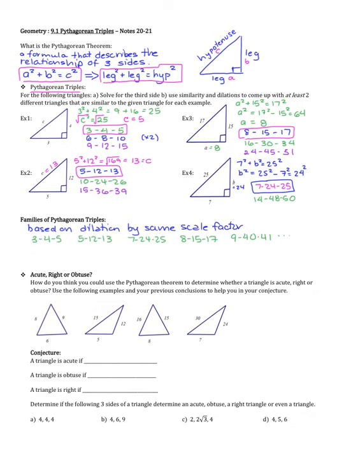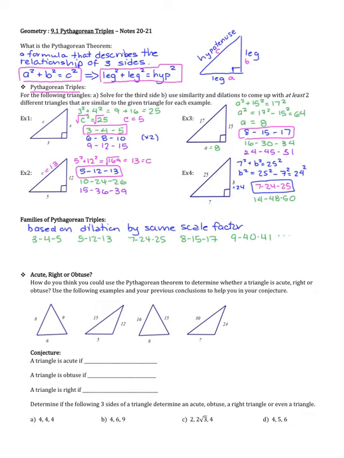All right. Now, one of the nice things about the Pythagorean theorem is it tells us that we have a right triangle. That's actually the converse of your Pythagorean theorem. If the sides satisfy a squared plus b squared, we know we have a right triangle.